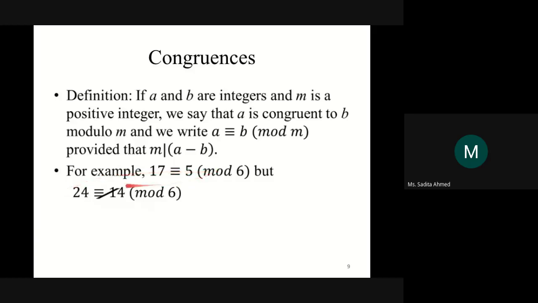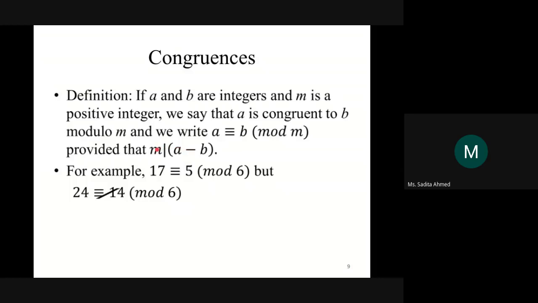Okay. So that is the idea of congruence. Any questions regarding the definition of congruence? No, miss. Okay. So why are we talking about this thing at all? Because you will see later on that we are going to use the concept of congruence to prove a lot of things. When we know the idea of congruence, there are some properties related to congruence.